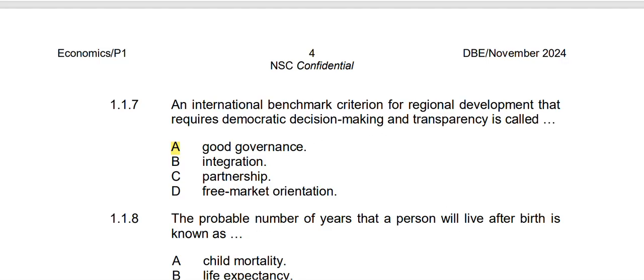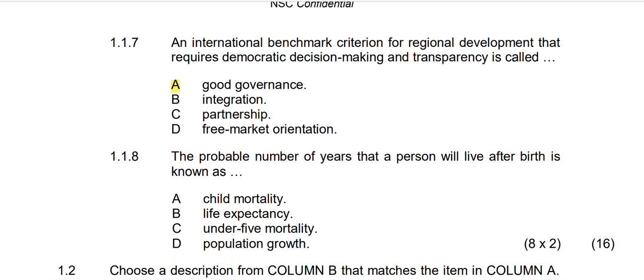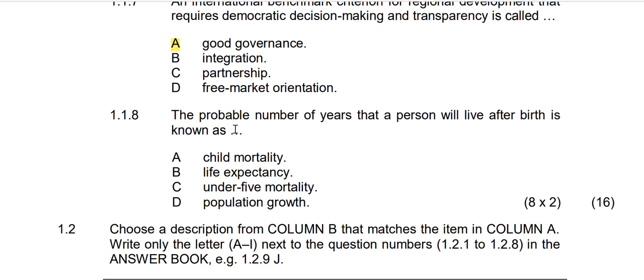And then 1.1.8, the probable number of years that a person will live after birth is known as A, child mortality, B, life expectancy, C, under 5 mortality, D, population growth.